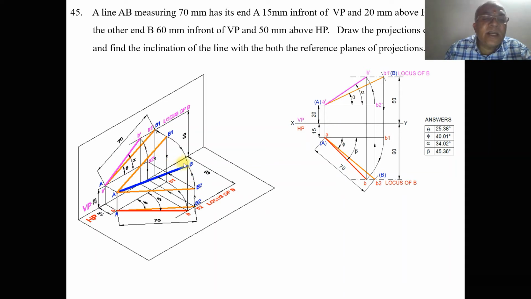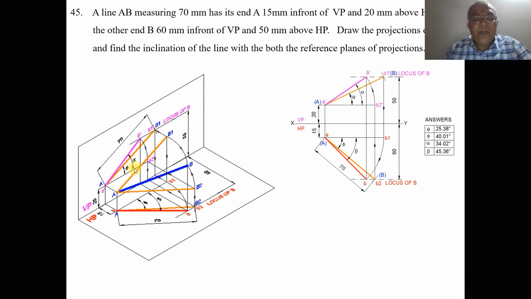That means when you are projecting, it will come and touch the locus of B here, so that you will get b dash. So join a dash b dash with a dark line. This will be the apparent inclination with respect to HP, which is alpha.